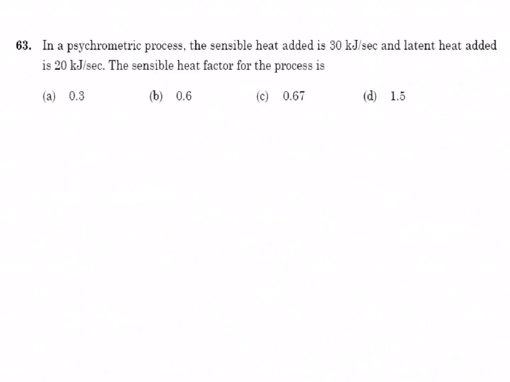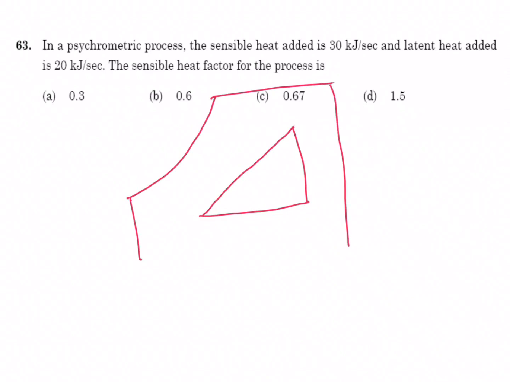In a psychrometric process, the sensible heat added is 30 kJ per second and latent heat added is 20 kJ per second. The sensible heat factor for the process is how much? So if the process is like this in psychrometric chart, this is from 1 to 3. 1 to 2 is your sensible heat and 2 to 3 is your latent heat.